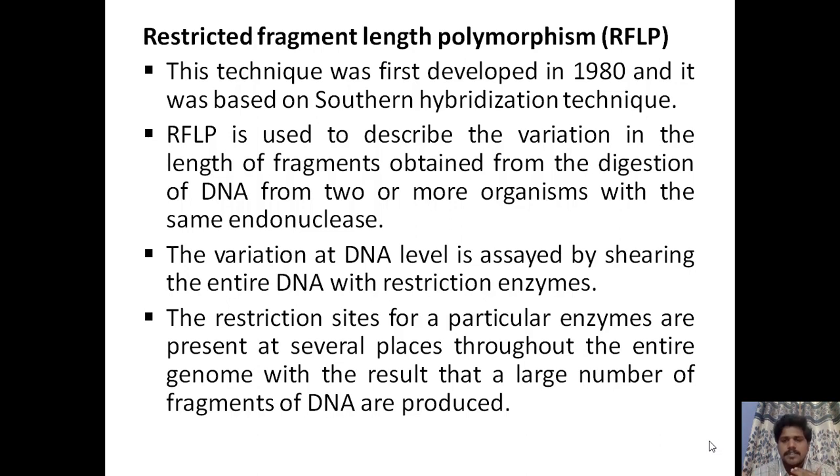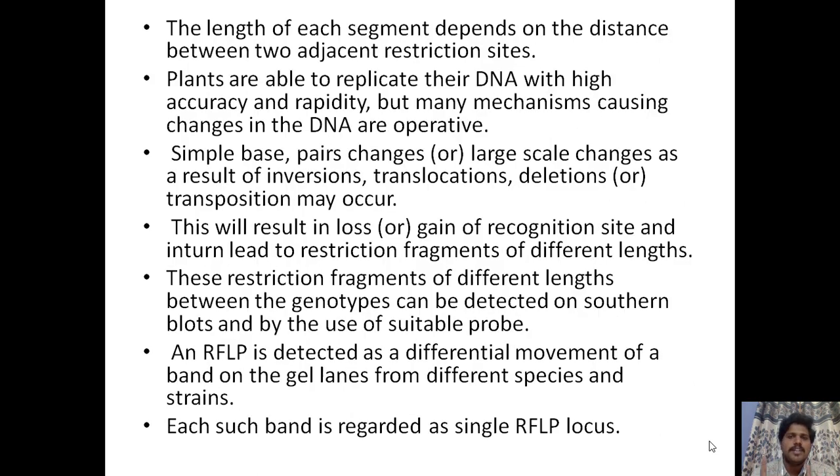The restriction sites for a particular enzyme are present at several places throughout the entire genome, with the result that a large number of DNA fragments are produced. So the length of each segment depends upon the distance between two adjacent restriction sites. Plants are able to replicate DNA with high accuracy and rapidity, but many mechanisms causing changes in the DNA are operative.